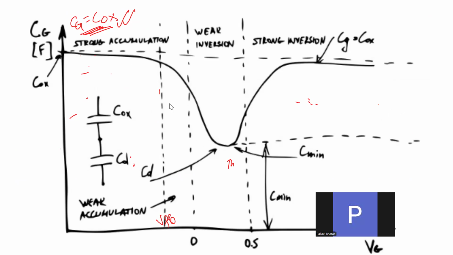When inversion started, because of the formation of the depletion region, the depletion layer capacitance comes in series with the oxide capacitance, so the capacitance reduces. Because of the low frequency characteristics, this region is the high frequency curve. As we go towards strong inversion, we reach the low frequency region, and the depletion layer capacitance keeps decreasing and finally the capacitance becomes equal to the oxide capacitance.